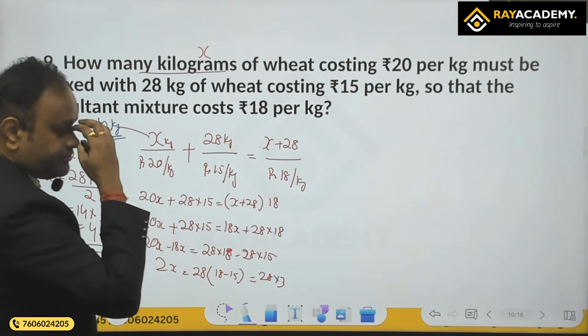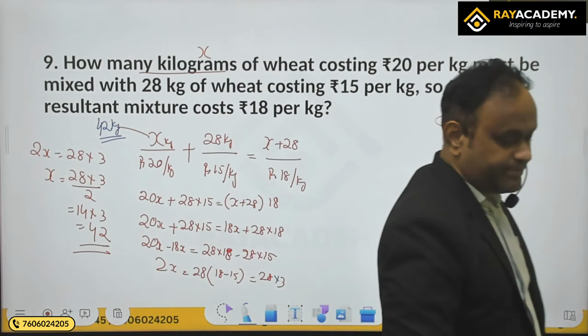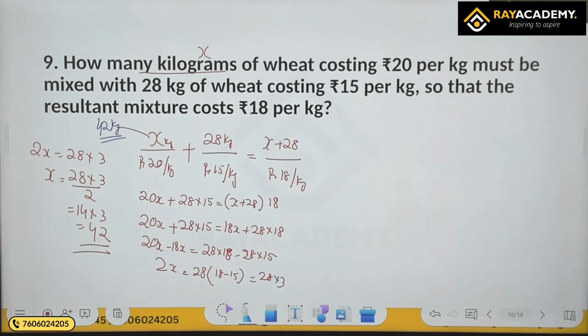But you just go through. Again I will explain the method by using the alligation method. That would be a bit easy.